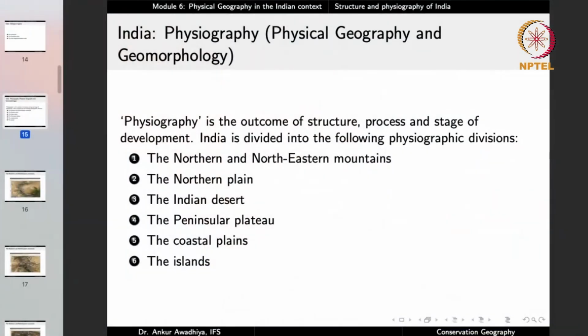The Lakshadweep Islands are actually of biological origin, and a large number of atolls are found there, which means that these islands were made by the corals. And so these are the 6 physiographic divisions of India: the northern and northeastern mountains, the northern plain, the Indian desert, the peninsular plateau, the coastal plains and the islands.